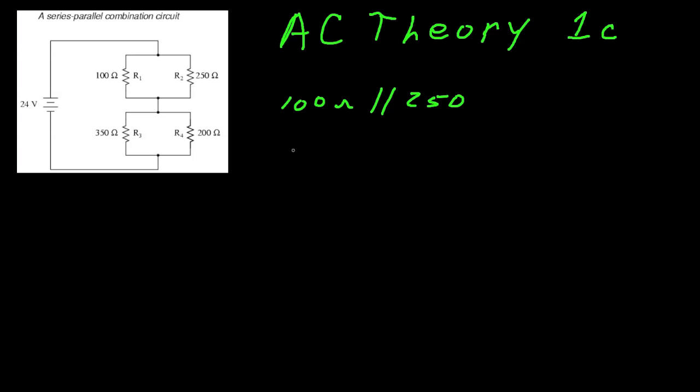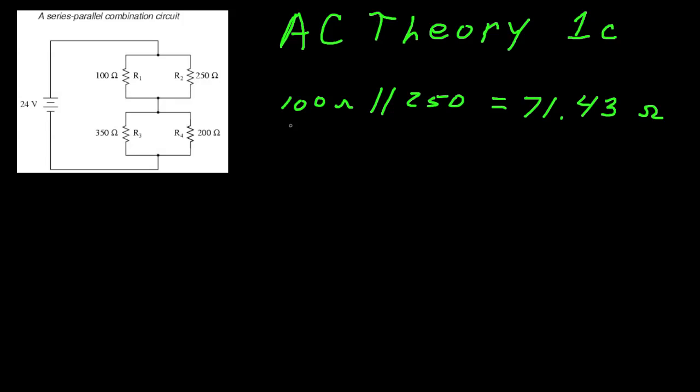Now that just gives us the overall total reciprocal. Now we need to hit the reciprocal key one more time and hit equals one more time, and when we do all that, it gives us 71.4, and I'm going to round that to 71.43 ohms. It's like 71.428.